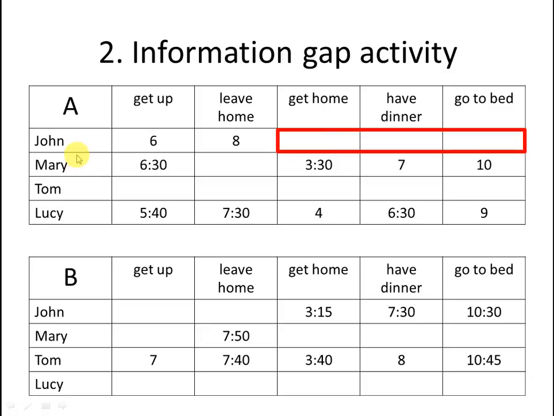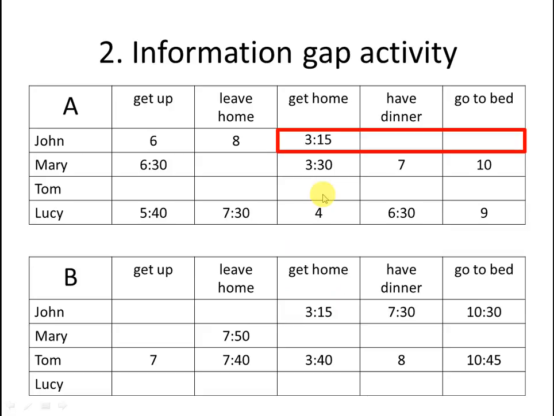So John, what time do you get home? And the student who has worksheet B pretends to be John. So they say, well, I get home at 3:15.